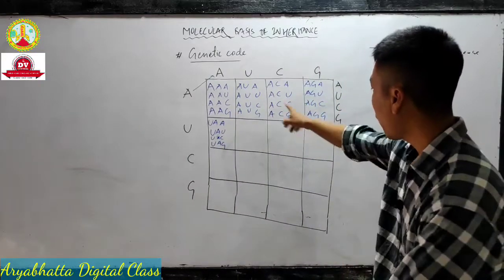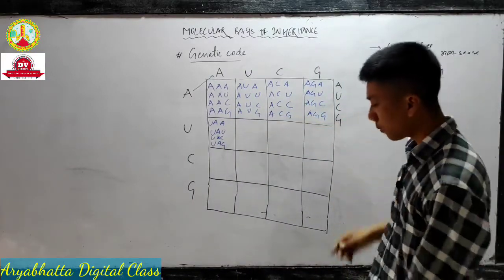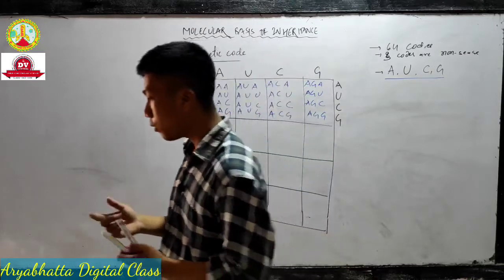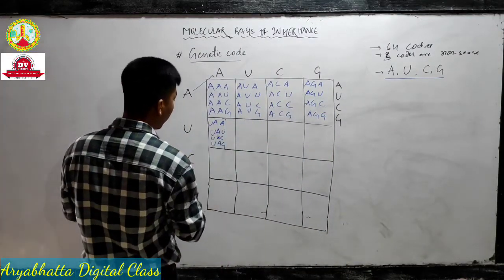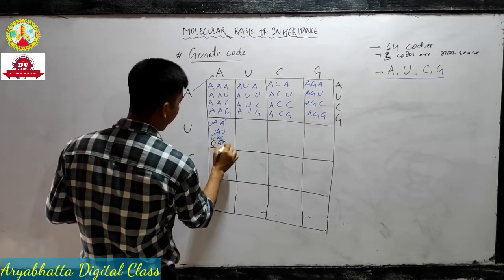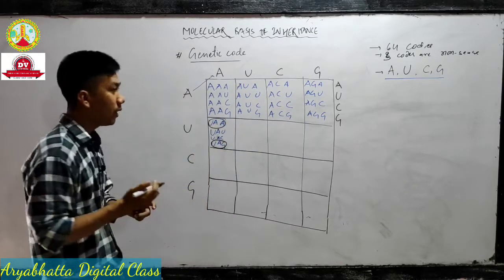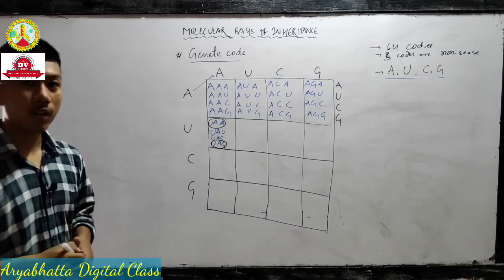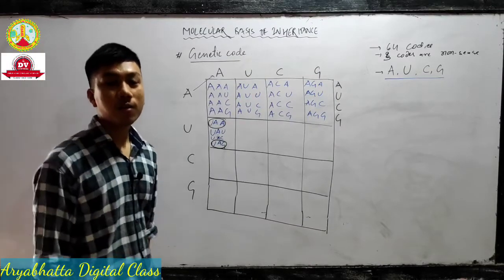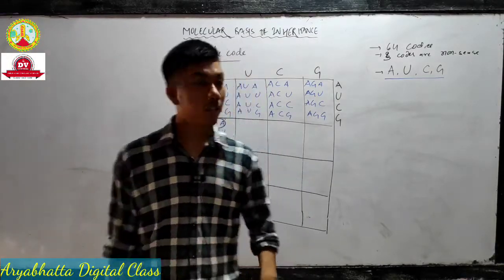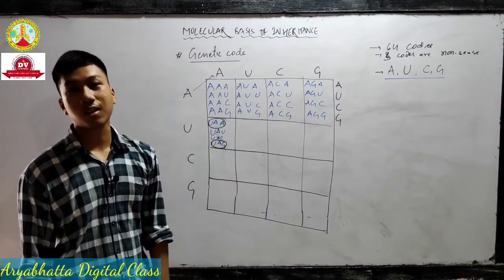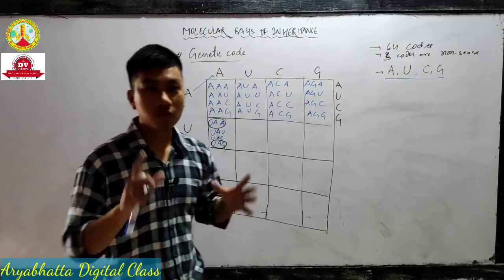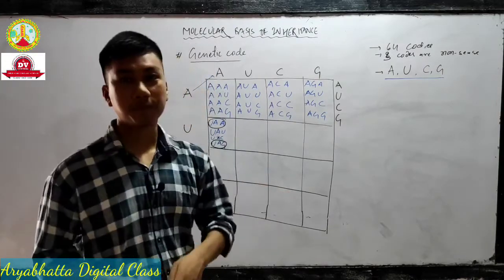Out of 64, you will find 3 stop codons, for example UAA, UAG, UGA. Here we have found 1 stop codon, and 2 stop codons here. So we will find 3 stop codons like that. That's how we work out the genetic code. In the next class, we're going to discuss the transcription and translation process, in the next video.